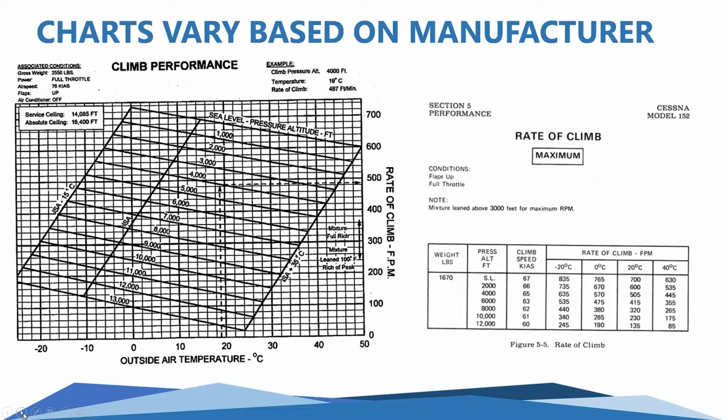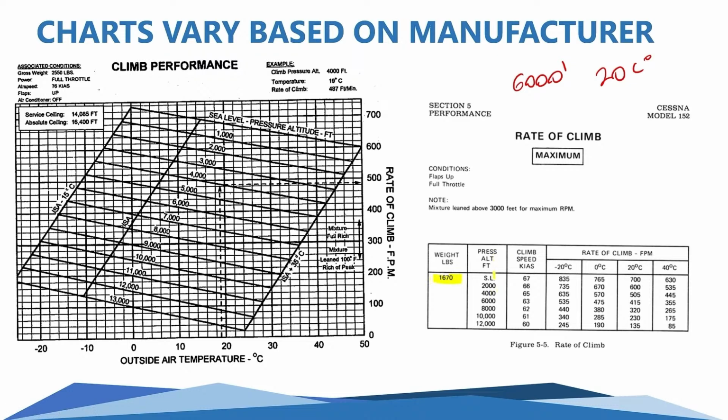But very simply, if I knew that I was going to be flying, let's say, at 6,000 feet as an example, and the outside air temperature is going to be, let's say, 20 degrees Celsius. Very simply, if I was a Cessna, and this is actually, I believe, for a Cessna 152 here, it's based off of your max gross weight.